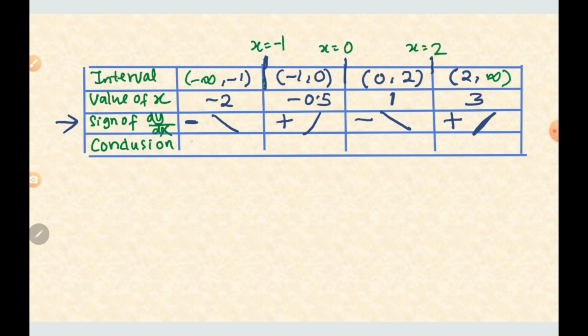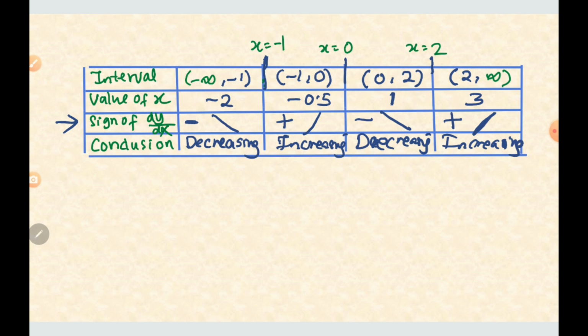Therefore the function is decreasing. For the second one, the function is increasing. This one is decreasing, and the last one increasing.